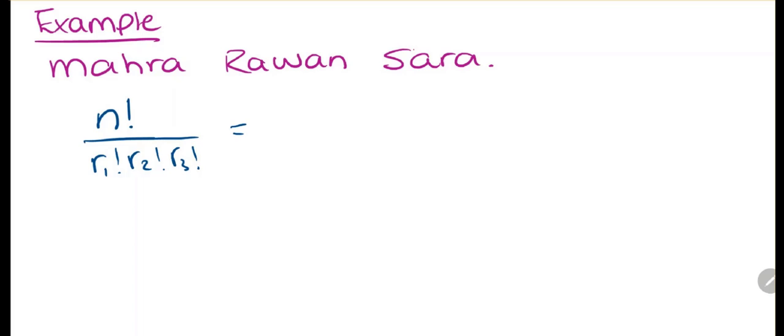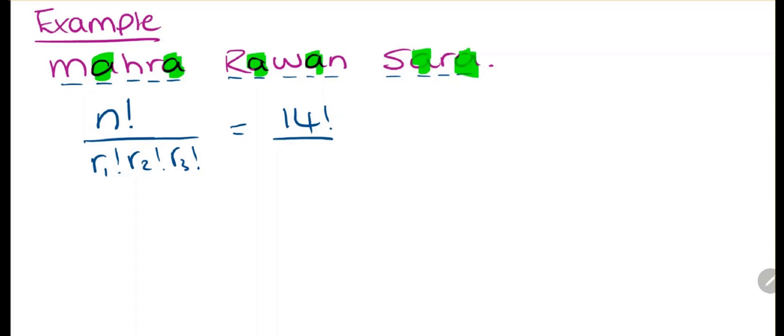So we have 1, 2, 3, 4, 5, 6, 7, 8, 9, 10, 11, 12, 13, 14 letters possible. So this is going to be 14 factorial. And then we need to count the number of letters. So we have 1, 2, 3, 4, 5, 6 A's. So A is 6.